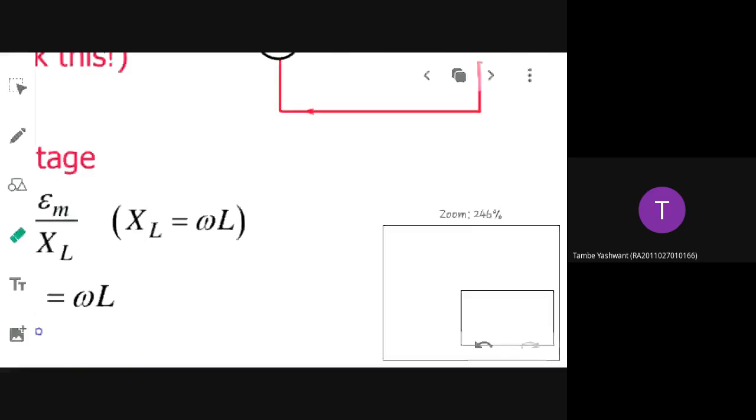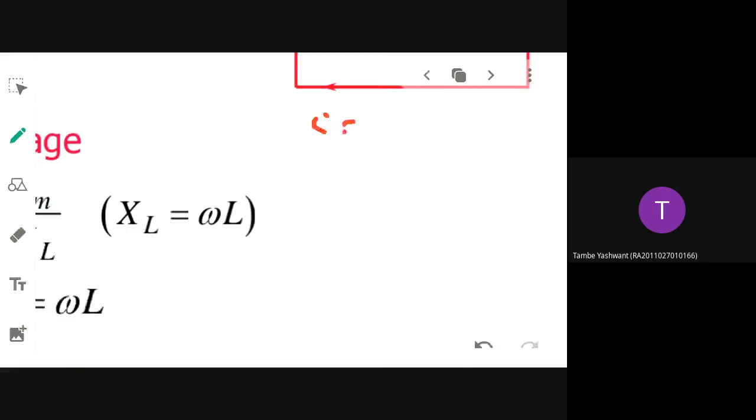What is the formula that relates current and voltage for an inductive element?